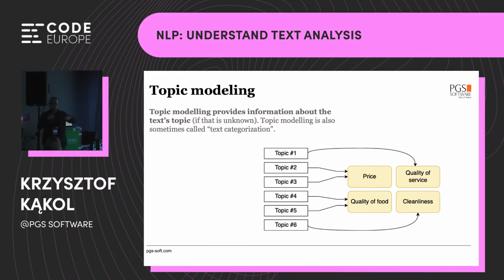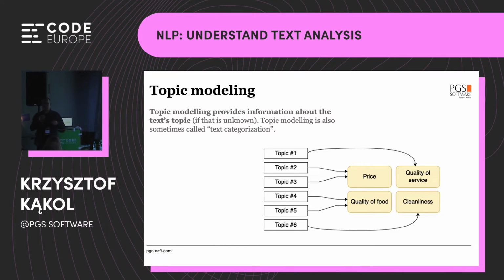But these topics are abstract. It's unsupervised, so we don't have any reference. We don't know what it means that it's topic number 6. You can divide a text into any number of topics, like 20, and you don't know what they mean. You have to do it yourself.